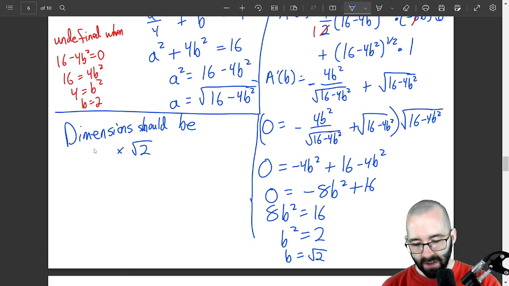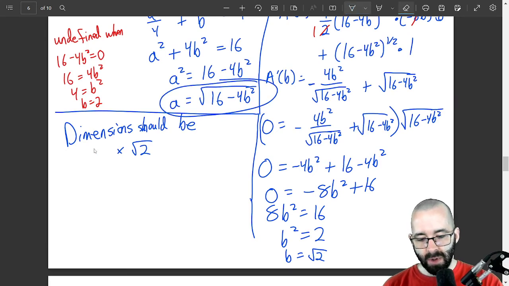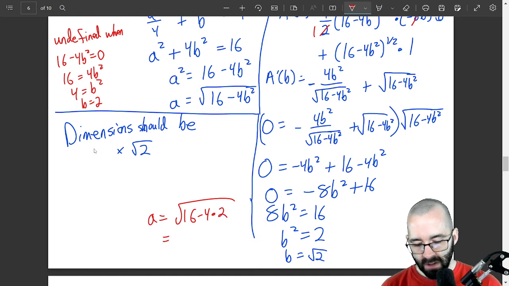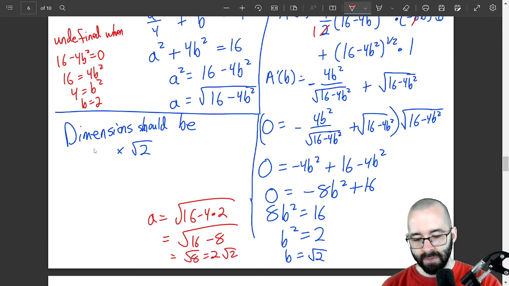Here we have it. A is the square root of 16 minus 4b squared. b squared is 2. 16 minus 8. The square root of 8. That's 2 root 2. So 2 root 2 by the square root of 2.